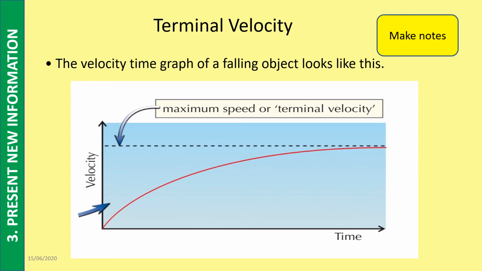But as the speed increases, the friction increases as well. Eventually, that friction reduces the acceleration until the forces are in balance. At that point, the object is still falling, but it stops accelerating. It has reached its maximum speed, or what we call its terminal velocity.